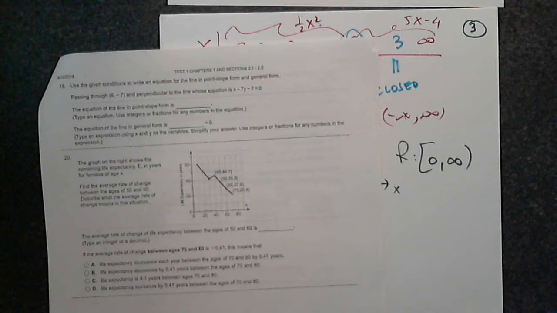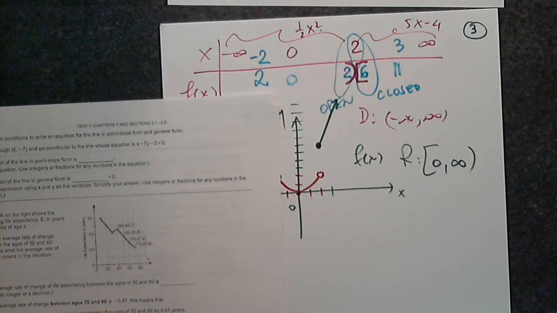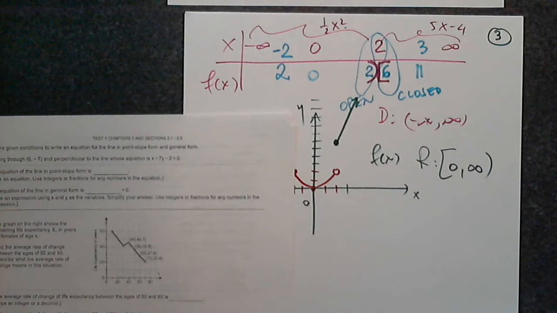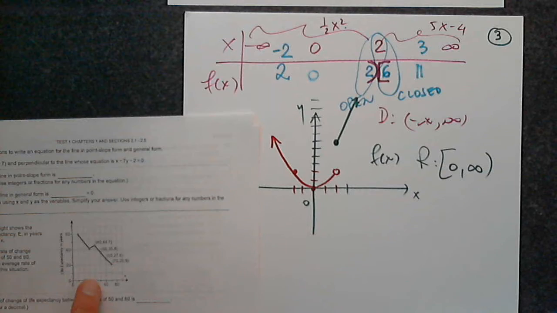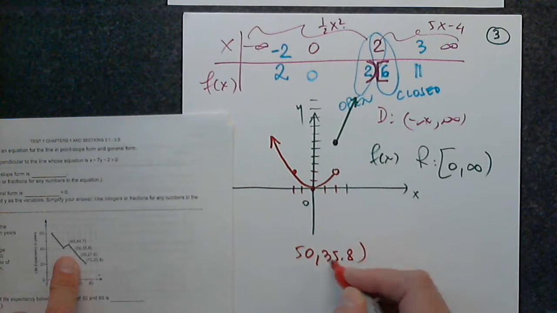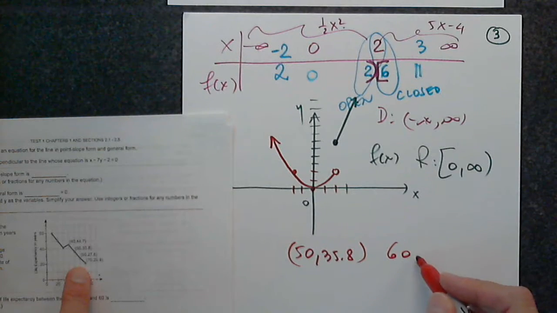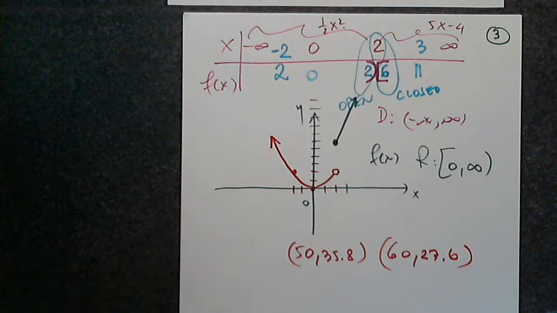Okay, so in 20, we're asked to find the average rate of change between ages of 50 and 60. So I copy 50, comma 35.8, and I copy 60, comma 27.6. In order to determine the average rate of change, all I have to do is find the slope of this line passing through these points.